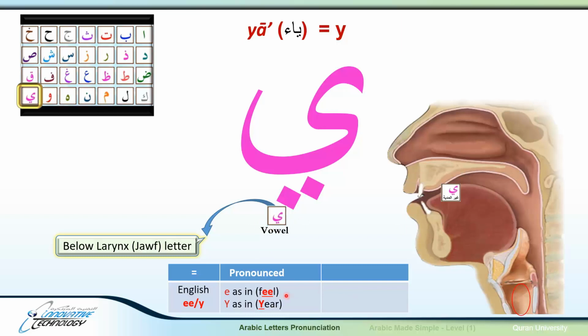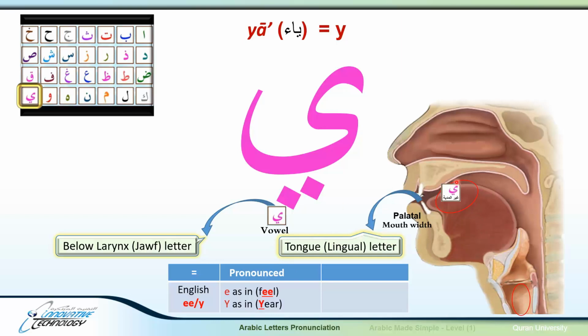Ya, like in year, is non-extendable, like the y. And the second one is a palatal, articulating between the tongue at this area of the mouth and the palate. That's why we classify it as a tongue lingual letter.